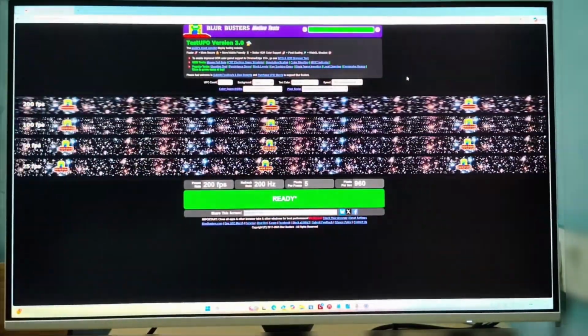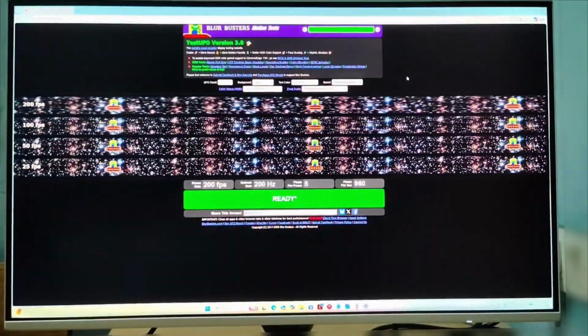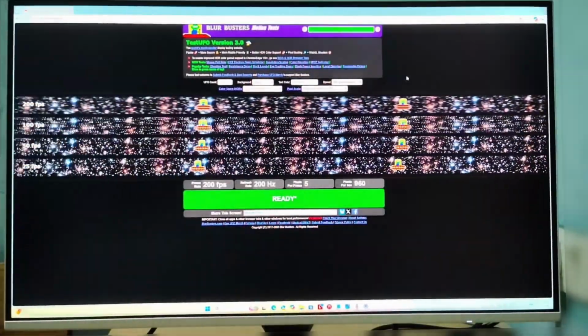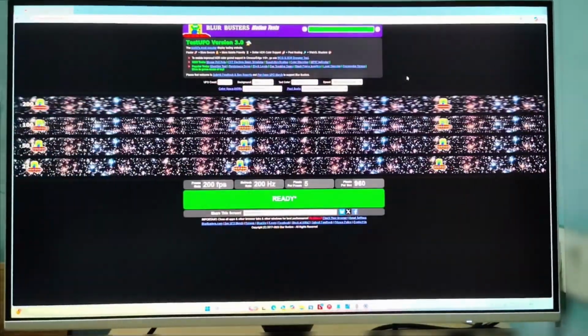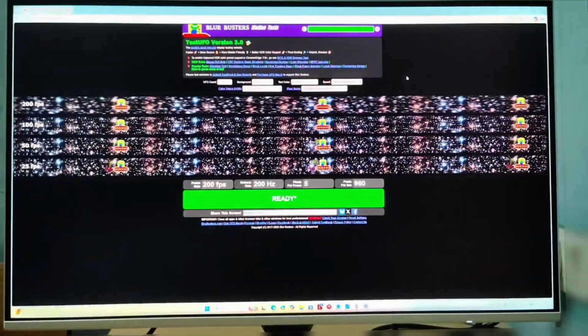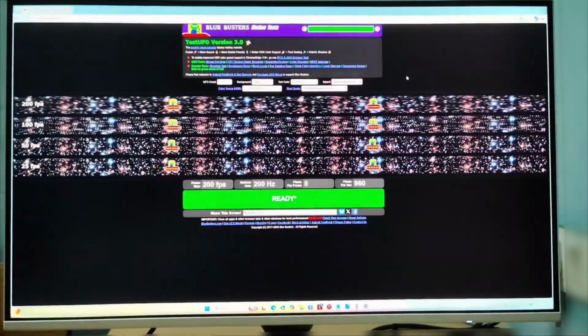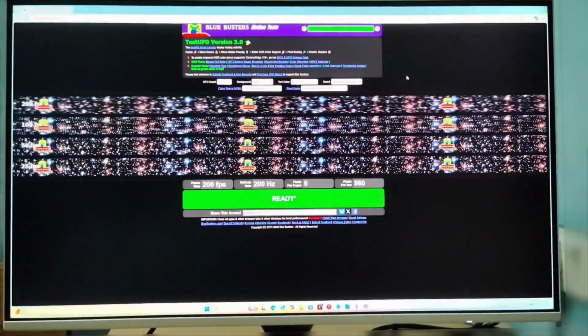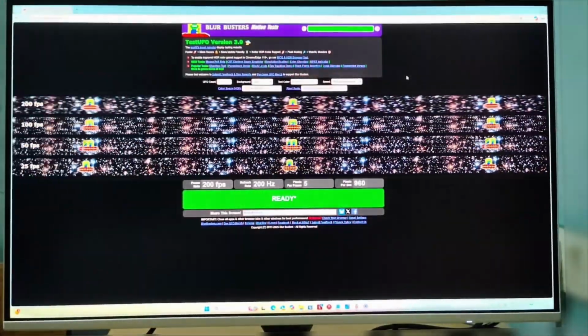Because here's the thing, static images look perfect on almost any display, but the real challenge is motion. Right now I'm running this monitor at 200 hertz, which means my monitor is refreshing the screen 200 times every second. Now the UFO is moving at 960 pixels per second.